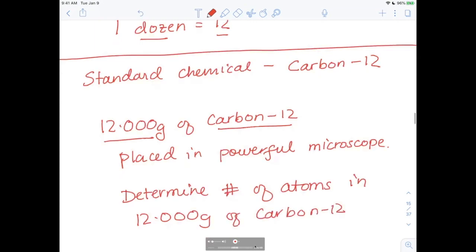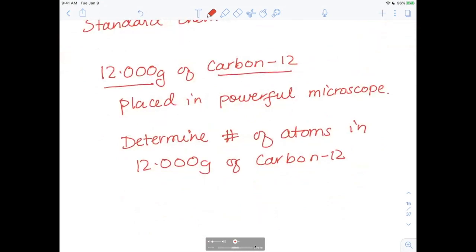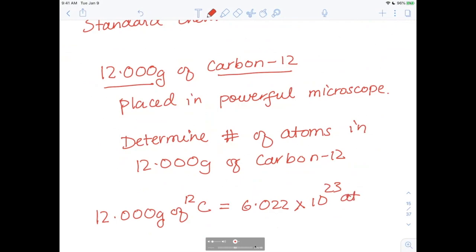And you can imagine what they came up with, right? They came up with this: 12.000 grams of carbon 12 has exactly 6.022 (of course, I'm shortening the number, I'm not writing the whole number) times 10^23 atoms of carbon.